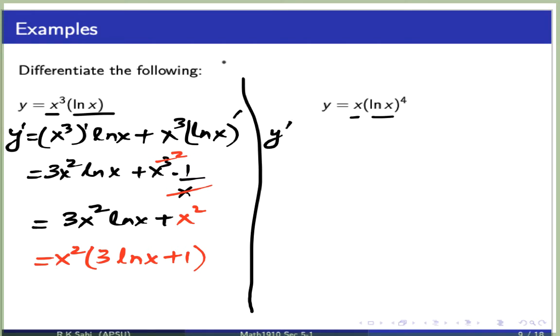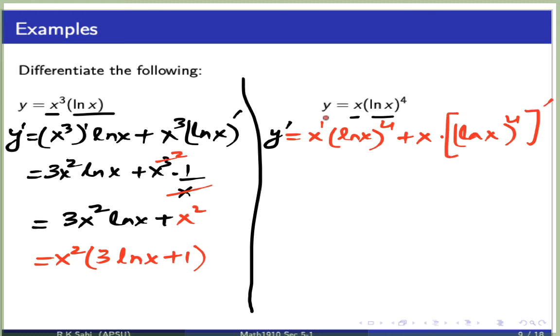So y prime is equal to x prime natural log of x the whole to the 4 plus x times natural log of x to the 4 the whole differential. So x prime, simple, we get natural log of x the whole to the power 4. And this one is plus x, natural log of x.